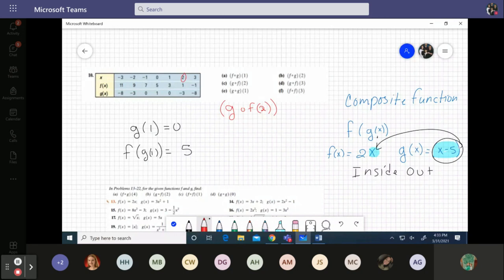F of 2 is equal to 1. So that means if f of 2 equals 1, now I want g of 1. So when x is 1, g is 0. So g of f of 2 is equal to 0. Okay?